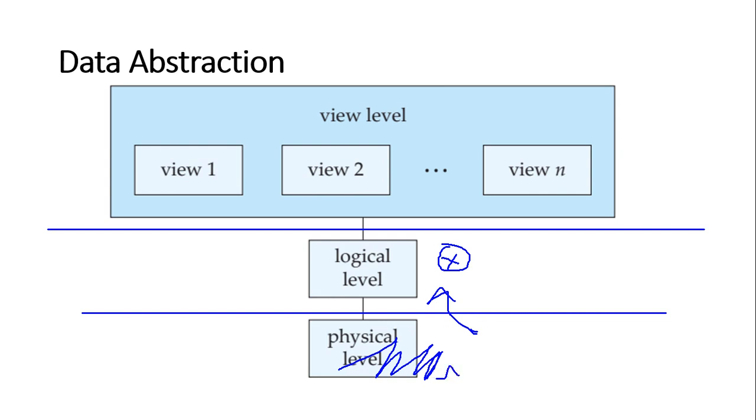So if you make changes in the physical level, for example, if you change from one hard disk to another hard disk, provided all the data is there, and if you change how the data is actually stored at the physical level, logical levels generally are not affected by that. So that is the idea of abstraction.